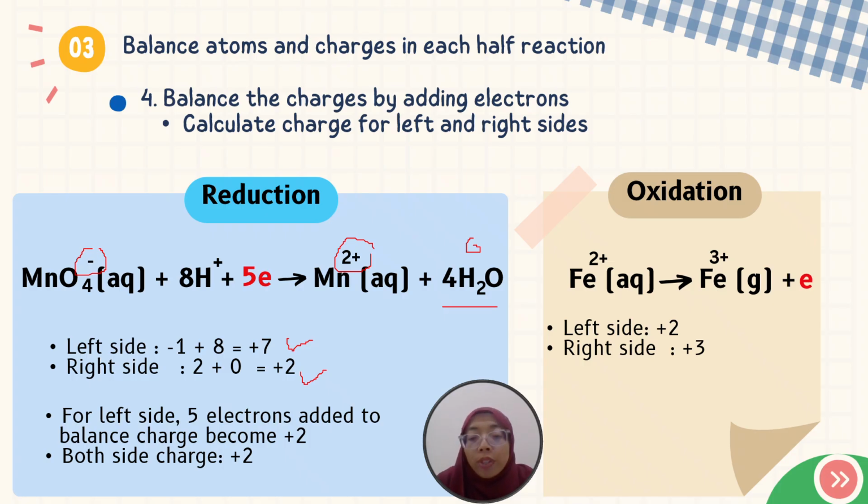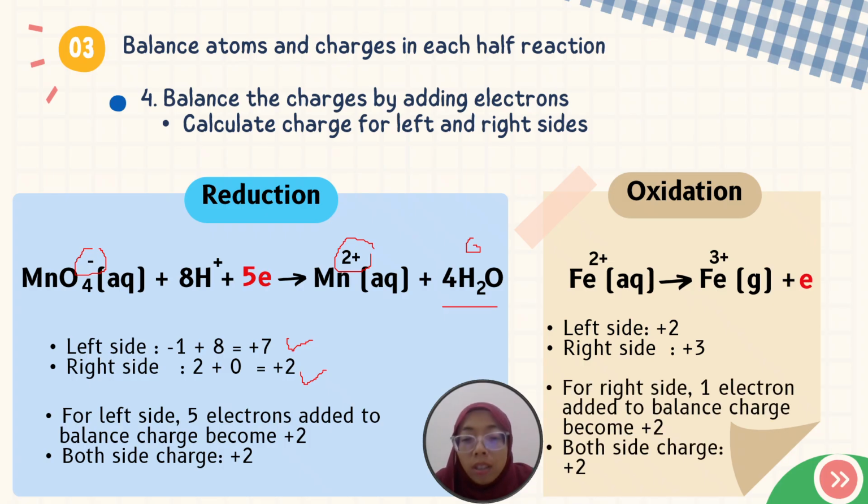For the oxidation, the electron is added on the right side, the product side, releasing the electron, and for the reduction, the electron is added on the reactant side, gaining the electron, right?